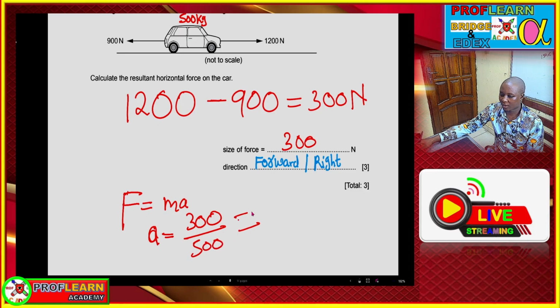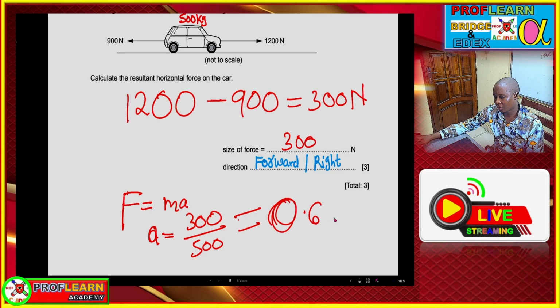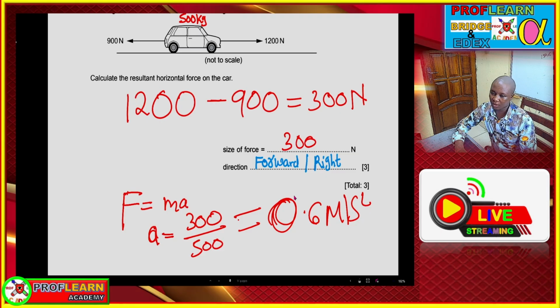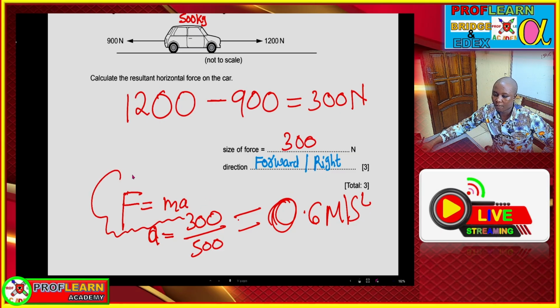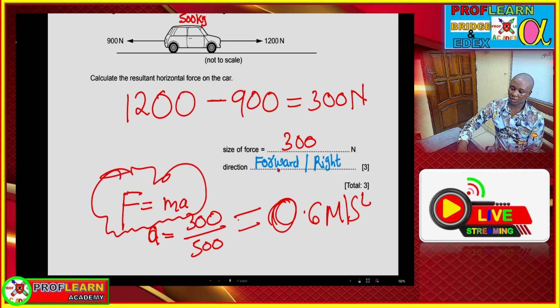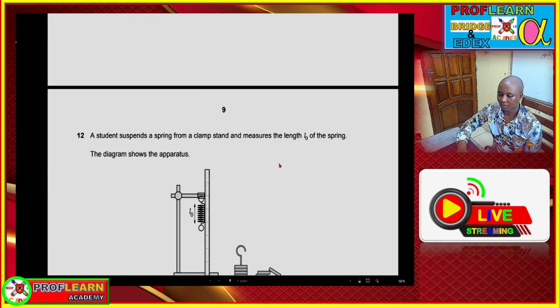And if you work it out, you are going to get the answer as 0.6 meters per second squared. So in the event you are asked a question to do with force equals mass times acceleration, that is how you are going to do that.